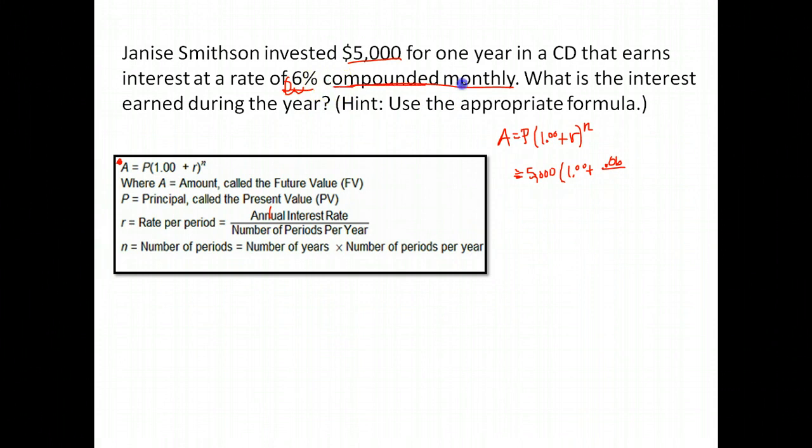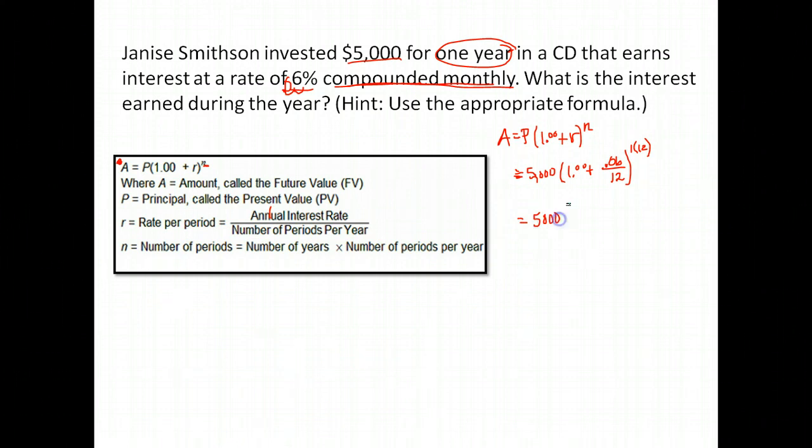Now this is compounded monthly. There are 12 months in a year, so it's compounded 12 times. And then raised to the n power, that is the total number of times it's compounded. It was compounded monthly, and it was invested for just 1 year. So it was only compounded 12 times, 1 year times 12 times a year.